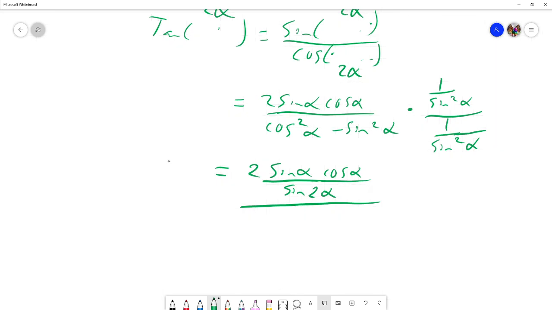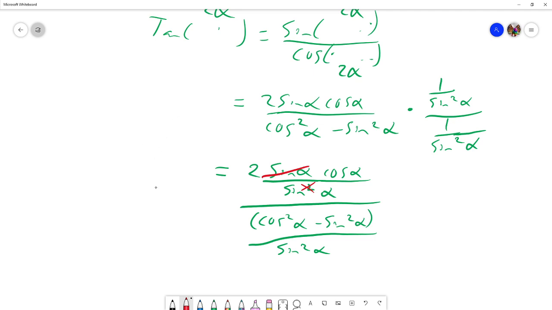the quantity cosine squared alpha minus sine squared alpha divided by sine squared alpha. So the first thing we can note is one of these sines is going to kill off one of the sines in the numerator.